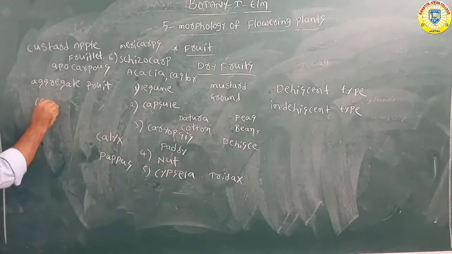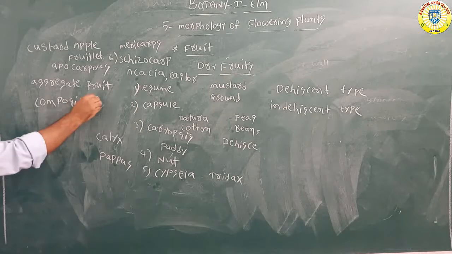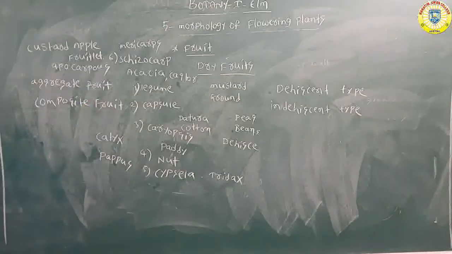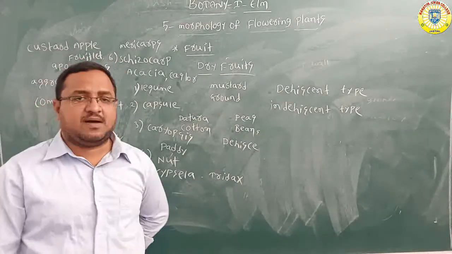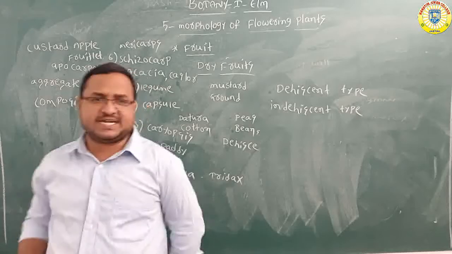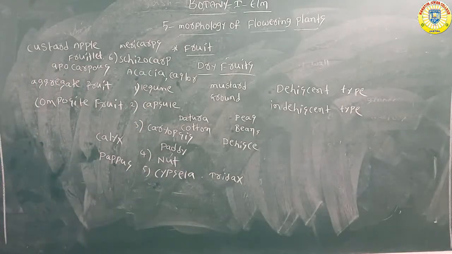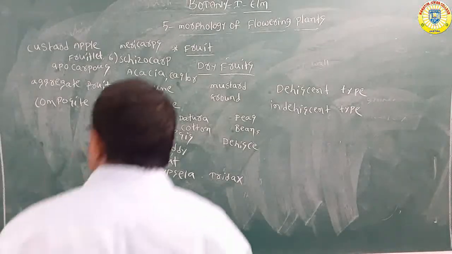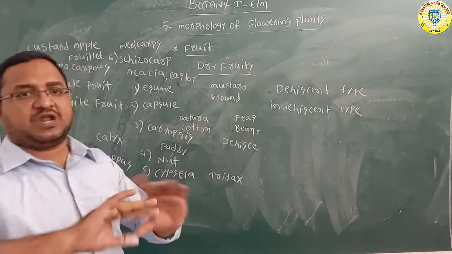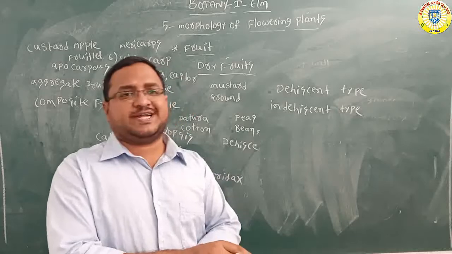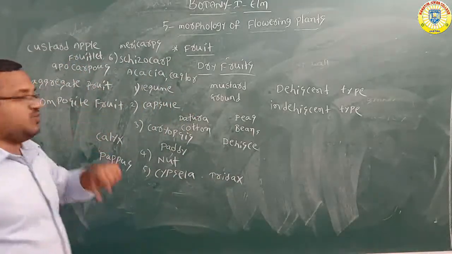The best examples are jackfruit and pineapple, where the complete, total inflorescence is converted into fruit. So that type of fruit is called a composite fruit.